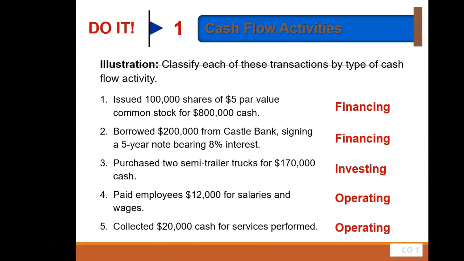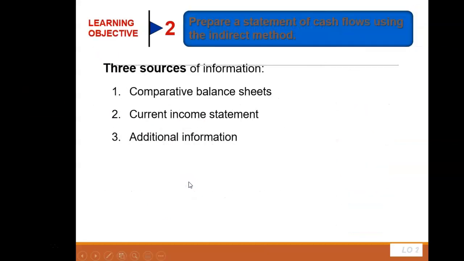So it's important that you can identify the different types of cash flow activities as being operating, financing, or investing activities. When it's time to prepare the statement of cash flow, we'll first look at a comparative balance sheet, a current income statement, as well as additional information.